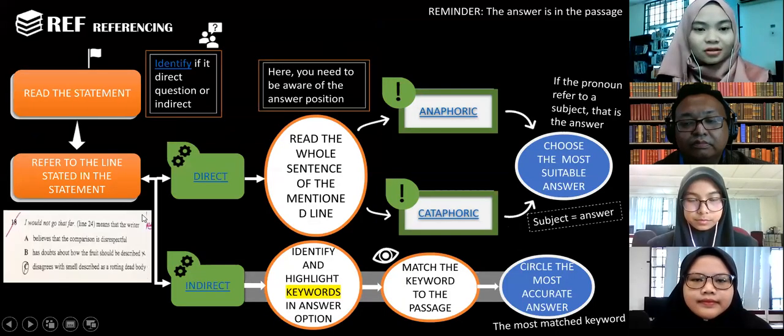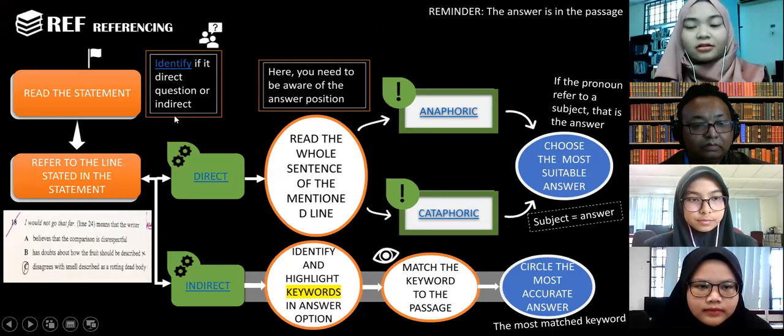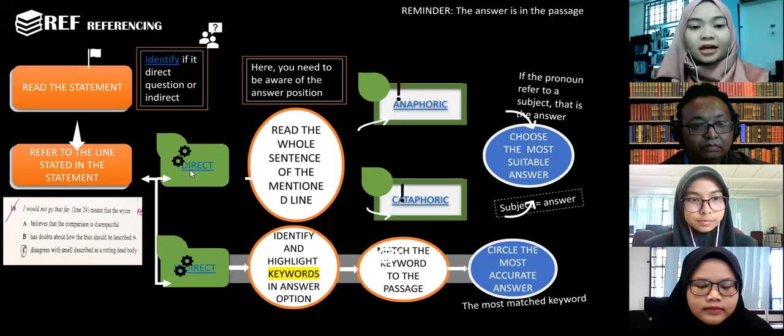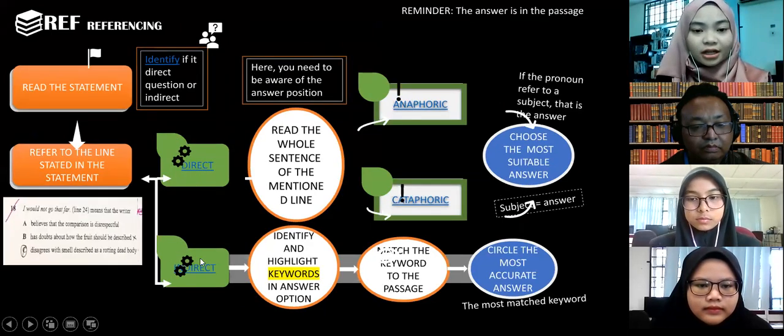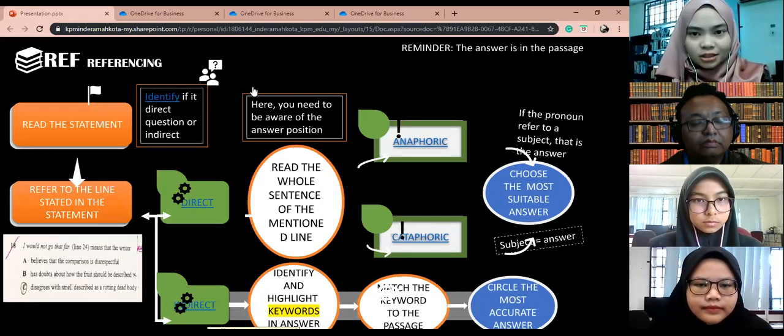First of all, you need to know that referencing questions have two types, which are direct and indirect. So what are the direct and indirect questions?